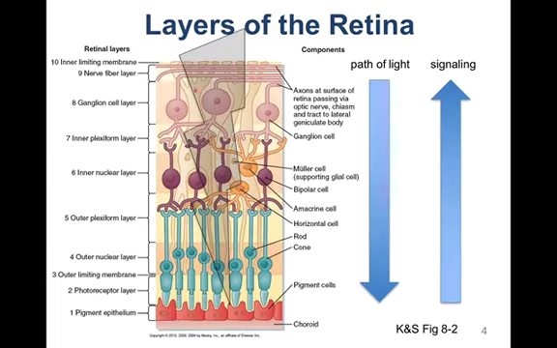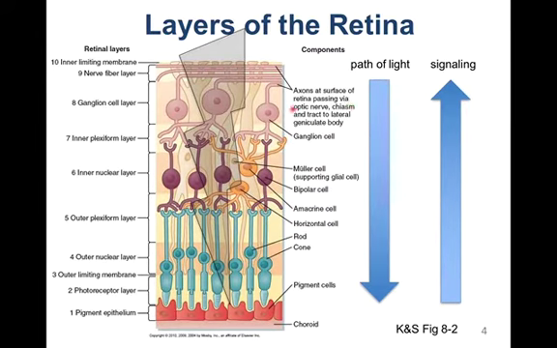And the retinal ganglion cells are the primary afferents in this pathway. You can find the retinal ganglion cells in layer 8, the ganglion cell layer. They have axons that converge in layer 9, in the nerve fiber layer, and these bundle into the optic nerve, which leaves the eye at the optic disc.